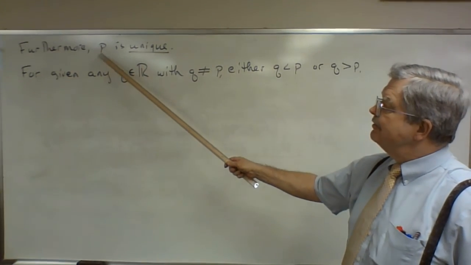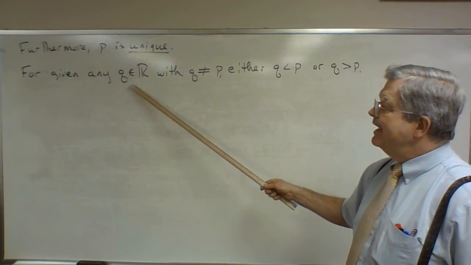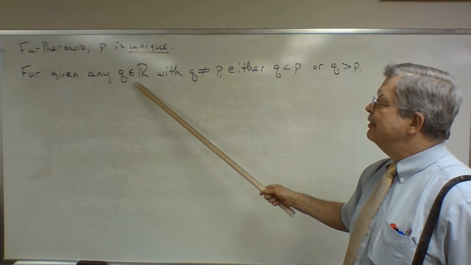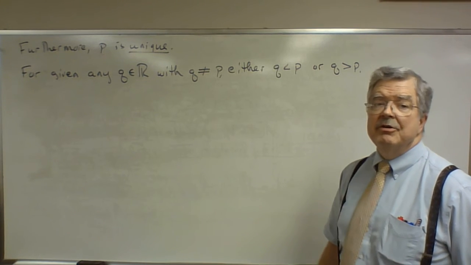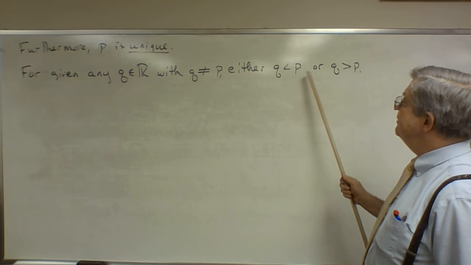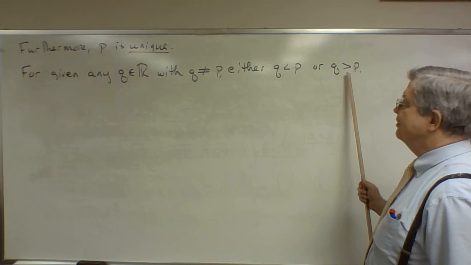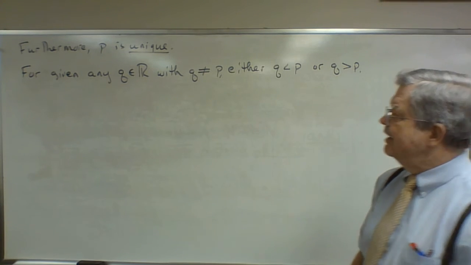Now we show that this point p is unique. For if we have any real number q where q is not equal to p, there are two possibilities. Either q is less than p or q is greater than p. So let's look at the first case.